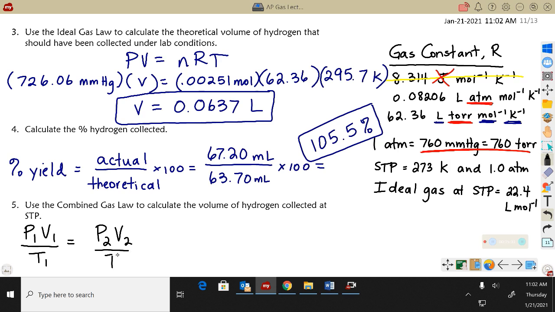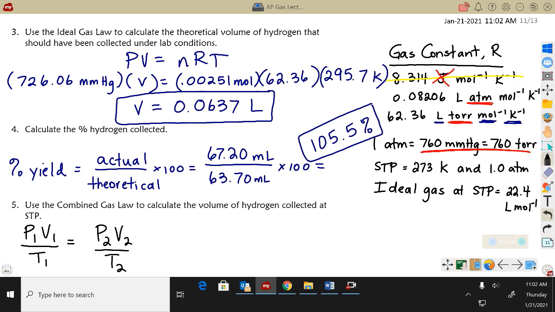P2V2 over T2. It's a combination of Boyle's law, Charles' law, and Gay-Lussac's law. It's got the pressure-volume relationship, the pressure-temperature, the volume-temperature relationship. They're all in there.